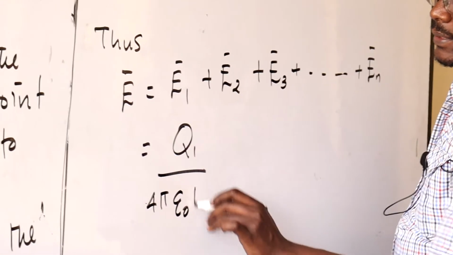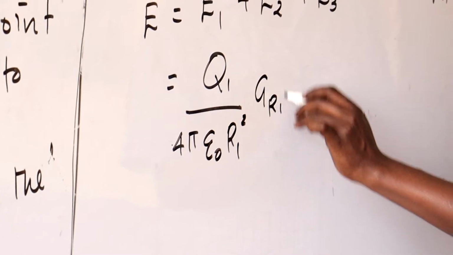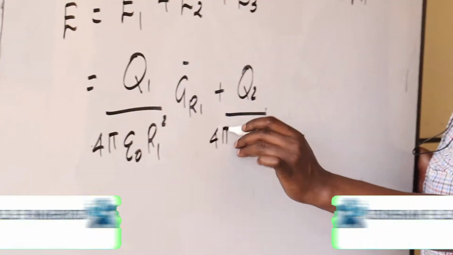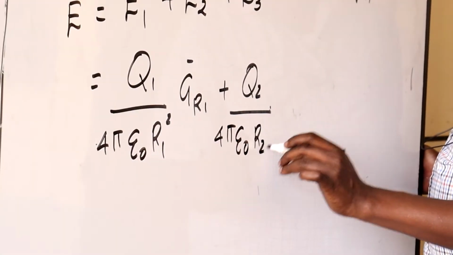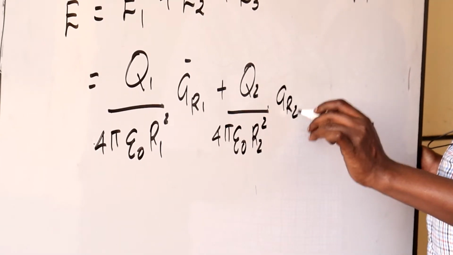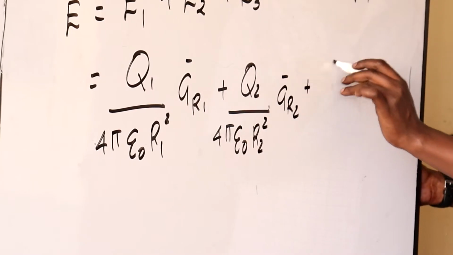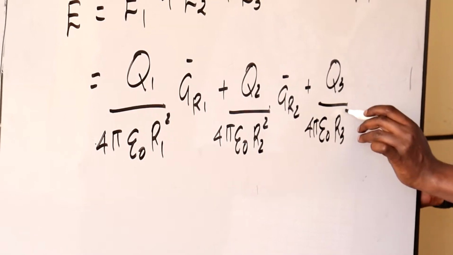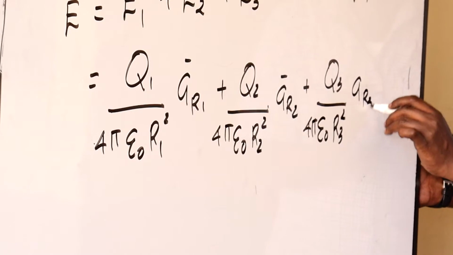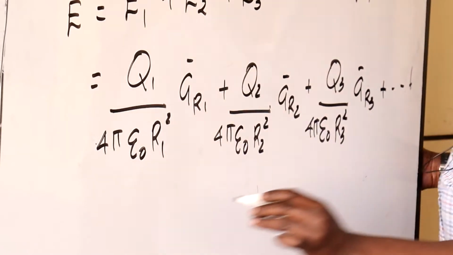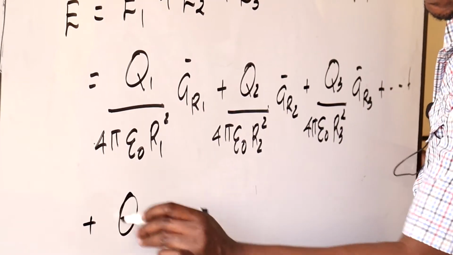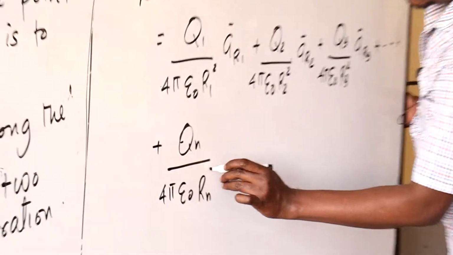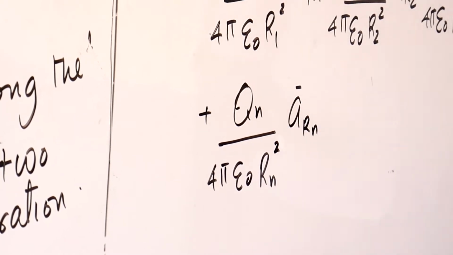Because we have n point charges, we'll have Q1 over 4 pi epsilon naught R1 squared aR1 bar plus Q2 over 4 pi epsilon naught R2 squared aR2 bar plus Q3 over 4 pi epsilon naught R3 squared aR3 bar, plus all the way up to Qn over 4 pi epsilon naught Rn squared aRn bar.